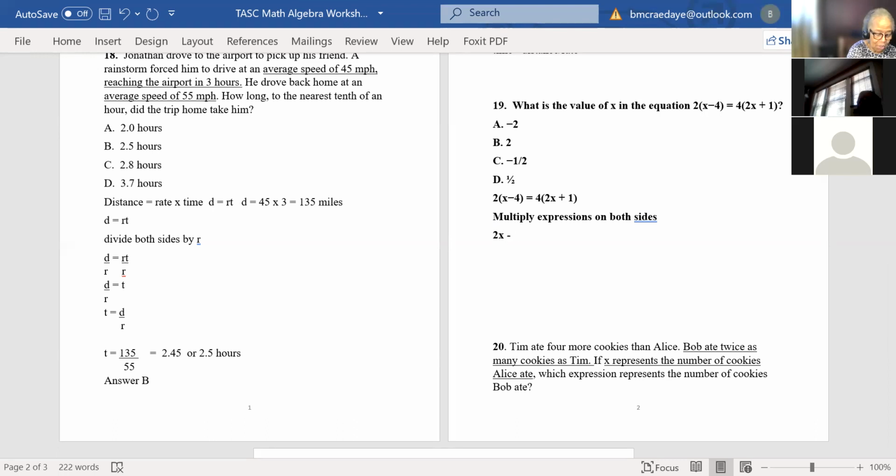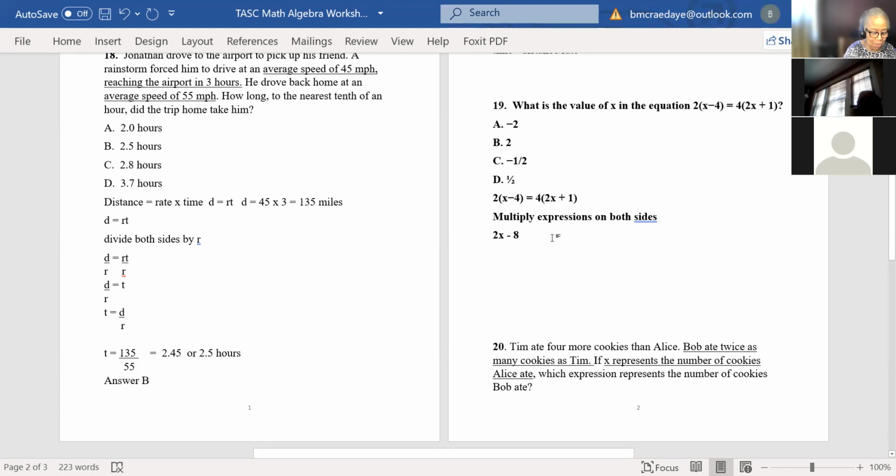Very good. I found that some people were multiplying and not multiplying by everything. They only multiplied by the X and they didn't multiply by the -4. But when you have a number outside of something in the parentheses, you have to multiply by everything in the parentheses. So 2x and 2 times -4 is -8.